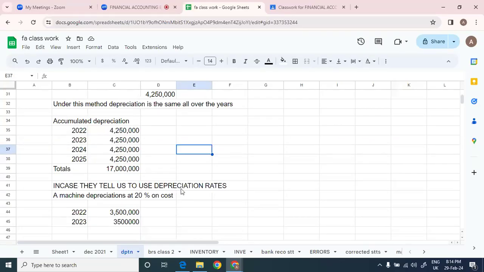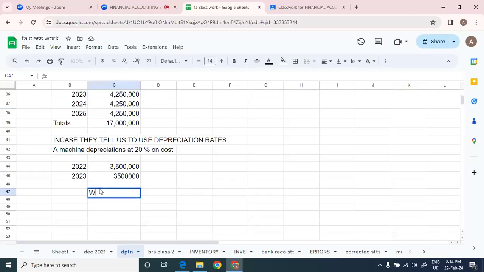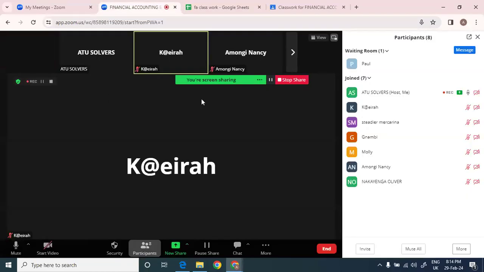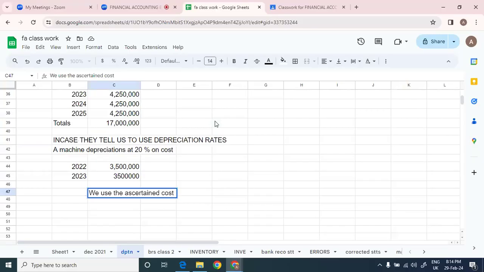In case they tell us to use the depreciation rate, we use the ascertained cost multiplied by the depreciation rate given.